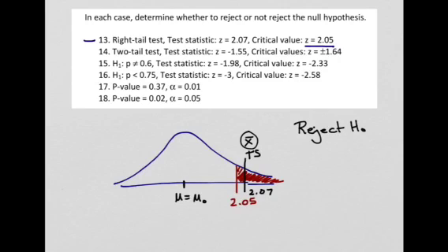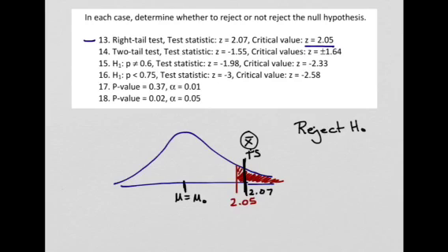So the question is, is x bar falling far enough away from the mean, the middle there, in order to be able to say that we should reject the null hypothesis, that x bar is sufficiently different from the value in the null hypothesis. And in this case we would say yes, we need to reject the null hypothesis. X bar is falling sufficiently far away.